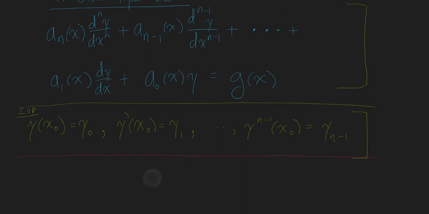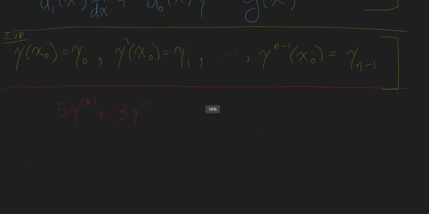So an example, we might have 5 times the fourth derivative of y, and then plus 3 times the third derivative of y, which can also be denoted with 3 primes, so y triple prime, and then plus 2 y double prime, and then maybe plus y prime, and then plus 10y is equal to x squared. And it might say, okay, we want the solution of this differential equation.